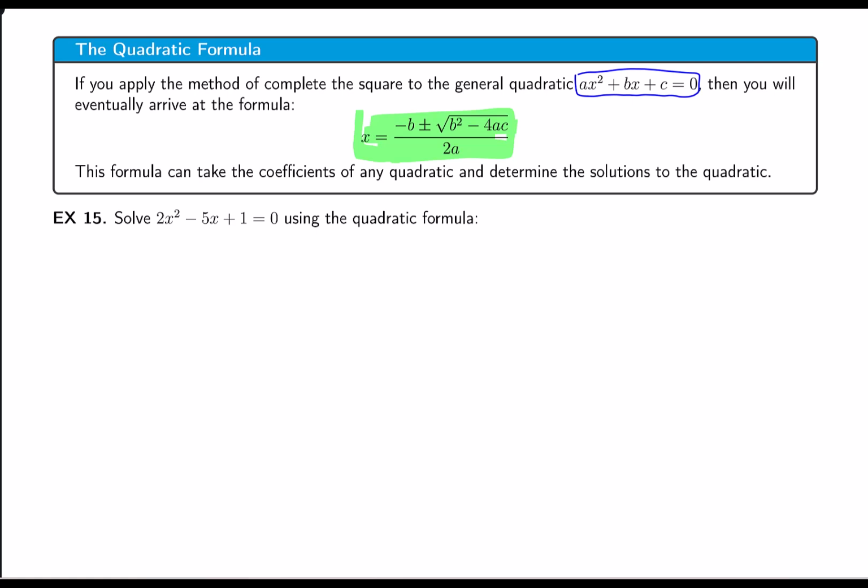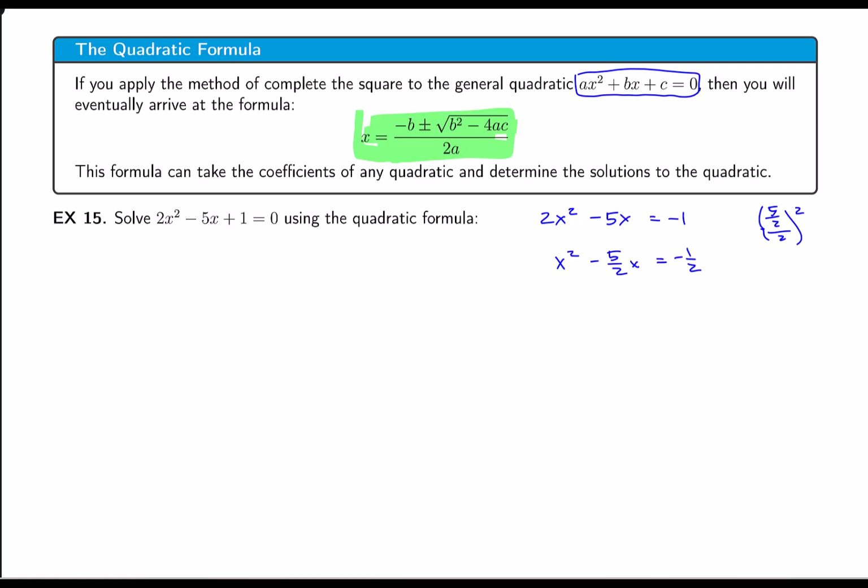So for instance, if I start using complete the square on this equation, I would have 2x squared minus 5x equals negative 1. And you have to have the square term with a coefficient of 1, so I need to divide everything through by 2, which gives me x squared minus 5 halves x equals negative 1 half, which I can absolutely do complete the square on, but that magic term is 5 halves divided by 2 quantity squared.